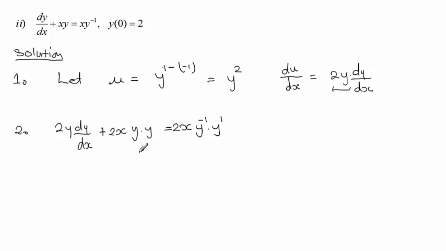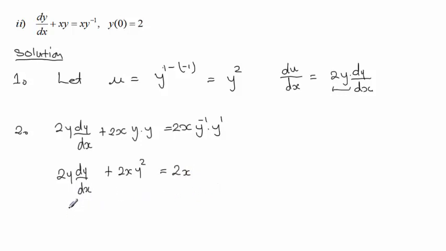Then again, we notice that here this is y squared. Then we're going to have here 2x times y squared, and here we've got 2y dy/dx equals 2x times 1, because here we've got y to the power 0, so then this is 2x.